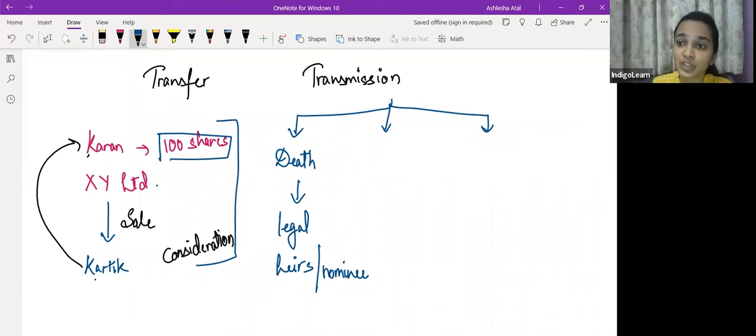The second situation wherein transmission happens is in case of insolvency of a person. What does insolvency mean? What does insolvency stand for?